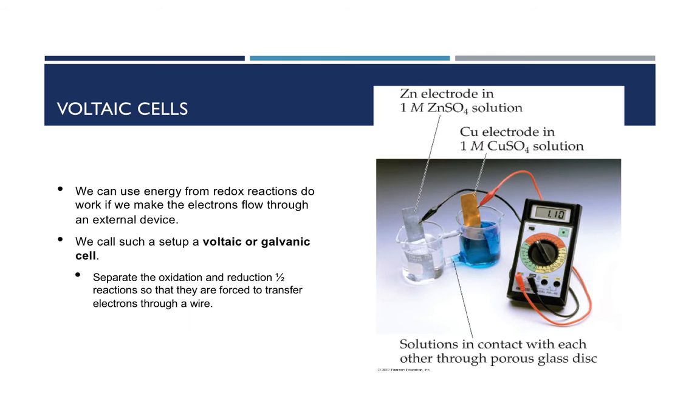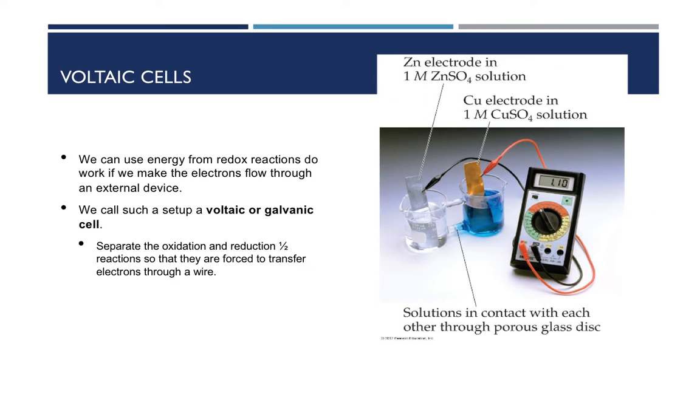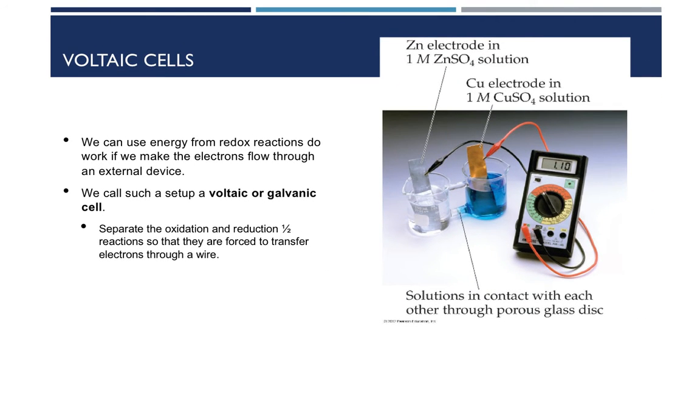So we can use the energy from redox reactions to do work if we make the electrons flow through an external device. If we hook up our redox reaction cell to something else, we can make that something else do work. We call such a setup a voltaic or galvanic cell.